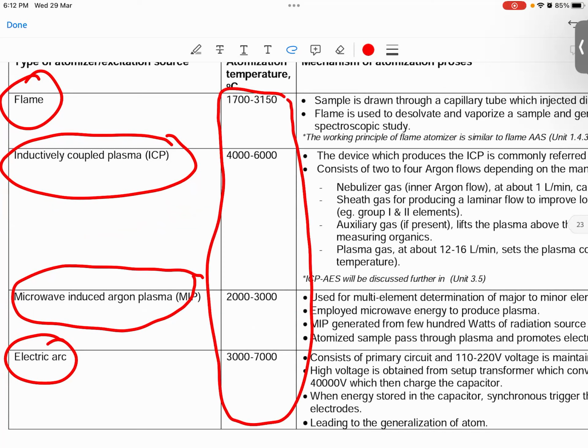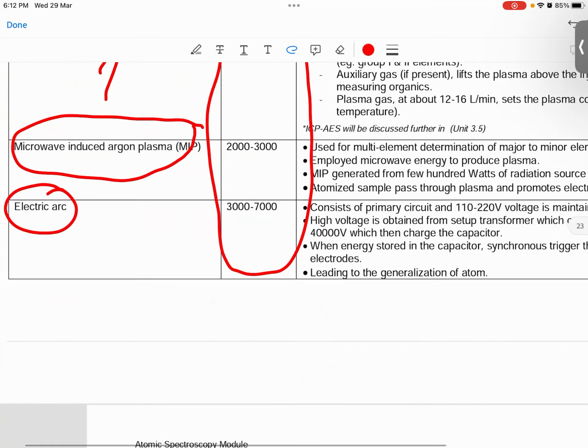If you have money, it's good to buy ICP-AES. ICP is the atomizer as well as the excitation source, 2-in-1, so you don't need an extra hollow cathode lamp to provide the excitation source.